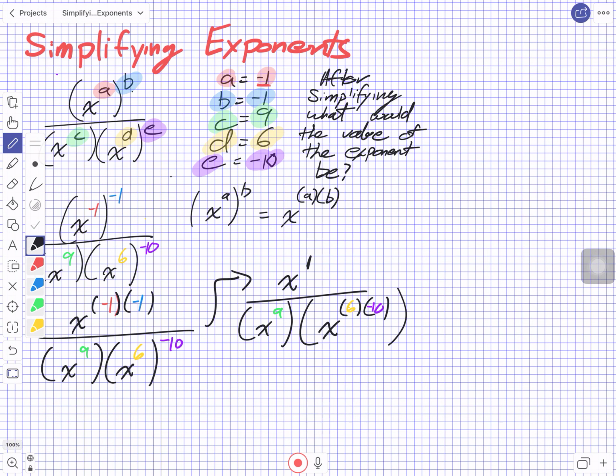So we have x to the power of 1 over x to the power of 9, which we haven't dealt with yet, and then x to the power of -60, like we said.